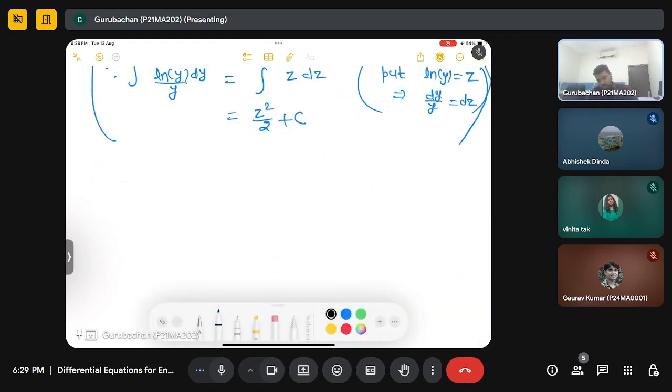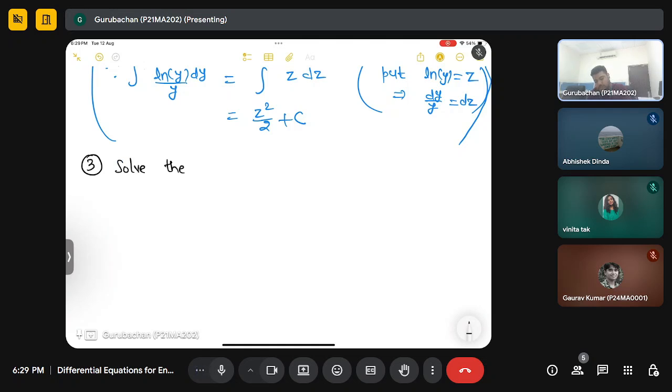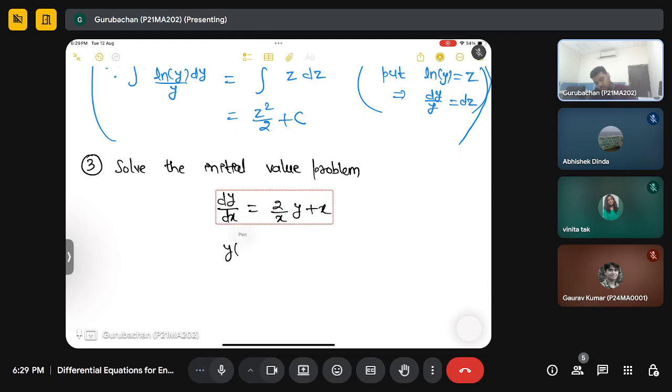Now the next question is like this: solve the initial value problem dy dx is equal to x plus x and y, with the initial condition at x equal to 1.